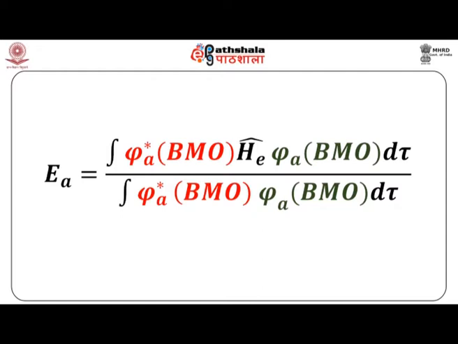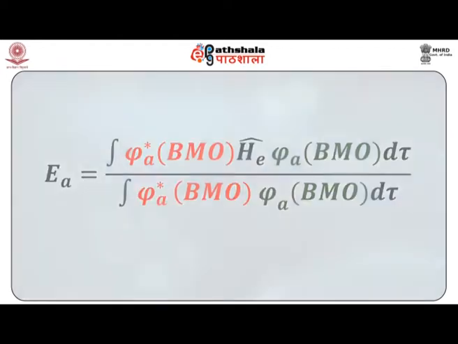E_A is equal to the integral of phi A star (bonding molecular orbital) H_e cap phi A BMO d tau, and then in the denominator we have phi A star BMO phi A BMO d tau.